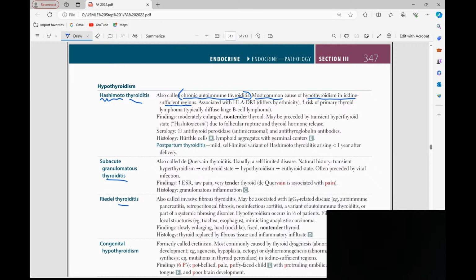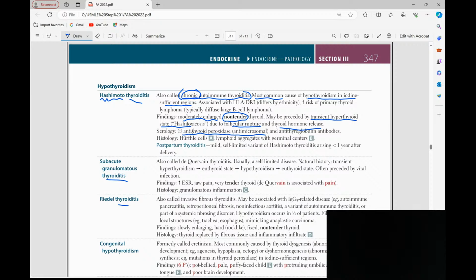So there will be a non-tender thyroid. Why? Because it's chronic. It has already become chronic. There will also be a transient hyperthyroid state in which there will be follicular rupture and thyroid hormone release. And serology, this is what is important: anti-thyroid peroxidase.